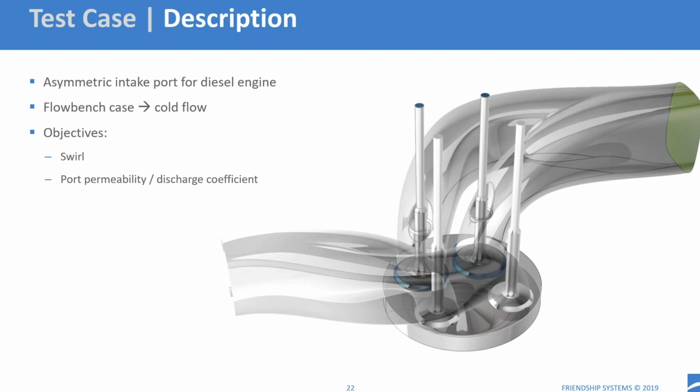So this is one of the objectives that we're trying to optimize here. And we have also been looking at the so-called port permeability or discharge coefficient, so basically the amount of flow that goes through the port.